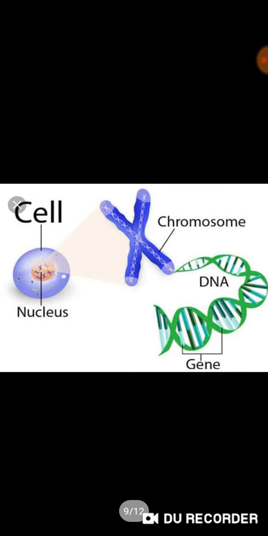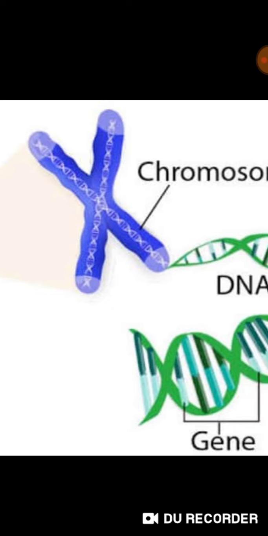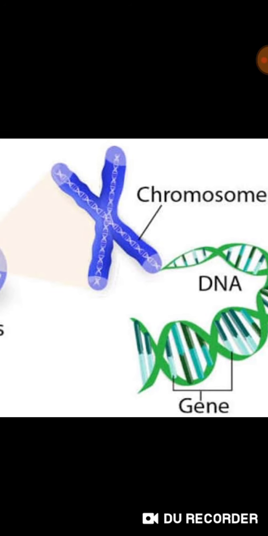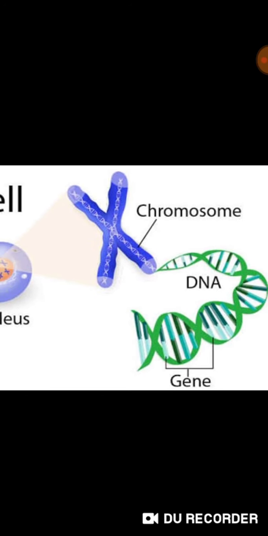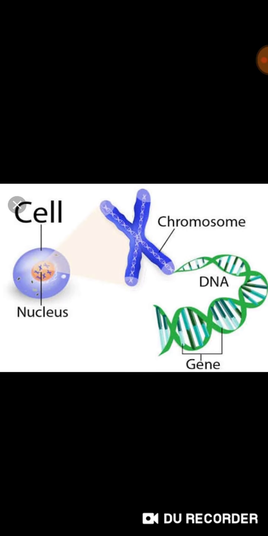You can see here the chromosome, and this chromosome contains DNA. In human beings there are 46 chromosomes. This chromosome contains DNA, which is also called deoxyribonucleic acid, and each DNA has several genes in it.